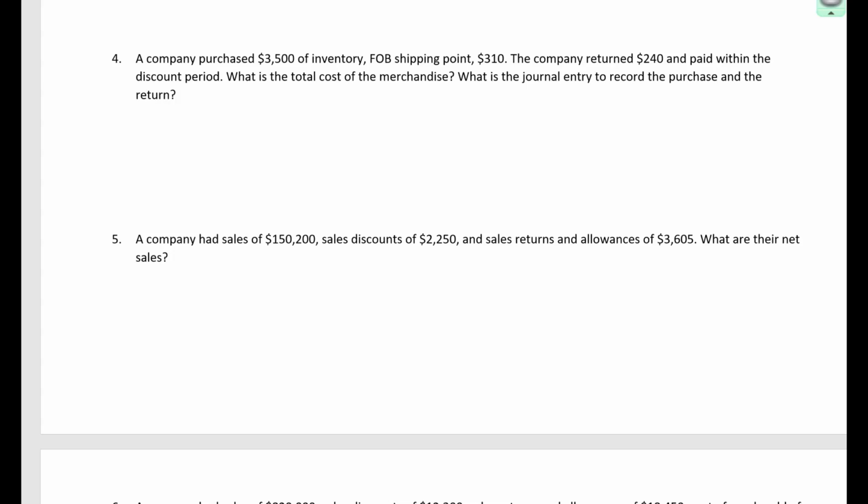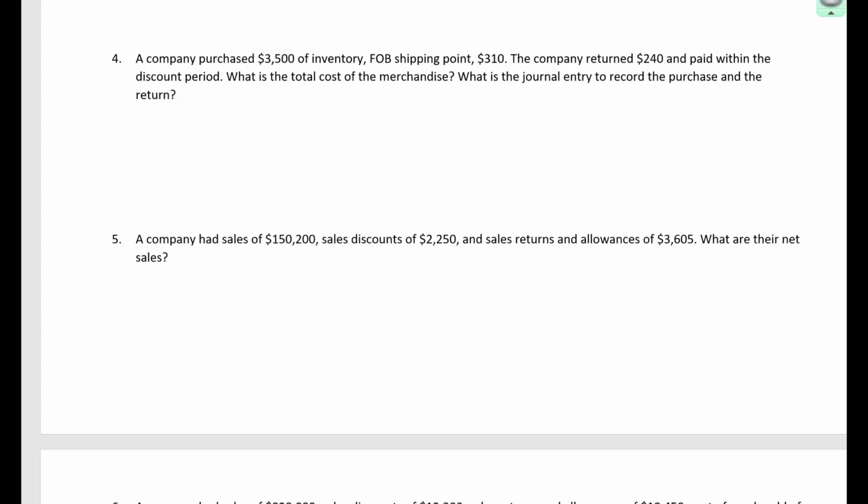FOB shipping point means the company that is buying the inventory pays shipping because it changes ownership at the shipping point. Then the company also returned $240 worth of merchandise, and they paid within the discount period. We need to calculate a couple things. The first thing is what is the total cost of the merchandise, and then the journal entry to record the purchase and the return.